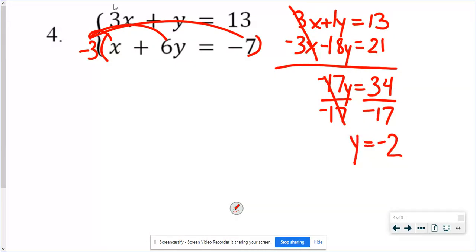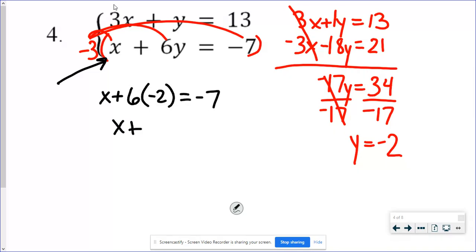Once I know what the y is, I'm going to go back into one of my equations. It can be an original equation or the changed equation. I kind of like this equation that I actually changed. I'm going to use that equation because, remember, I'm looking for the x. Here I don't have a number in front of the x, so I won't have to do any division. So I'll have x plus 6, and then instead of the y, I'll have a negative 2.